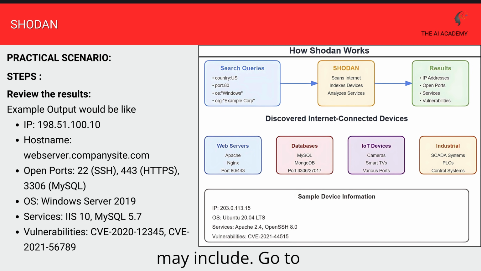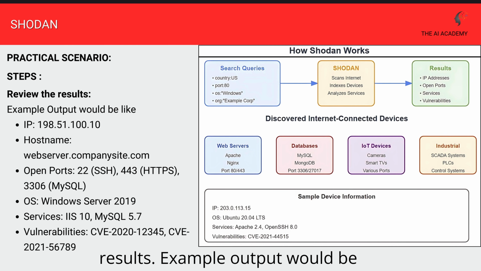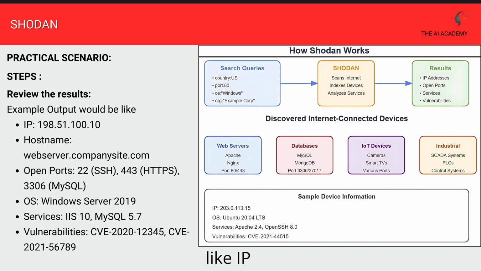Steps may include: go to shodan.io and search for companySite.com. Review the results. Example output would be like: IP 198.51.100.10. Hostname: webserver.companySite.com. Open ports: 22, SSH, 443, HTTPS, 3306, MySQL.